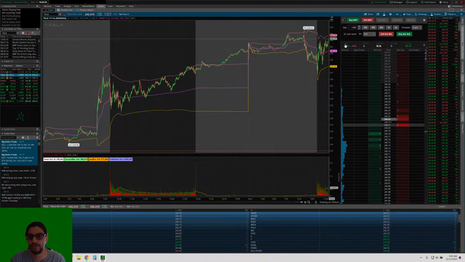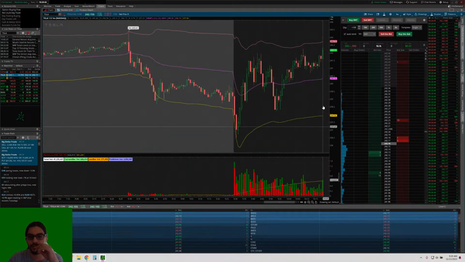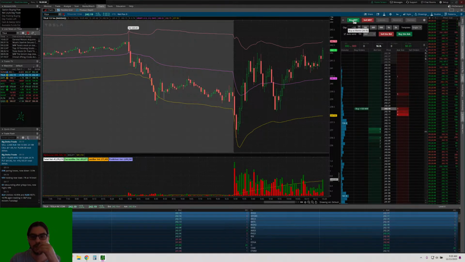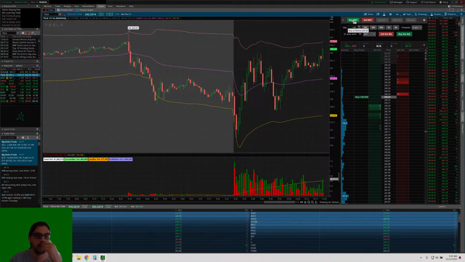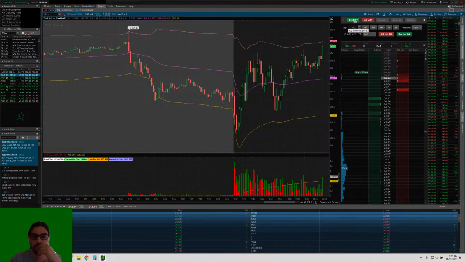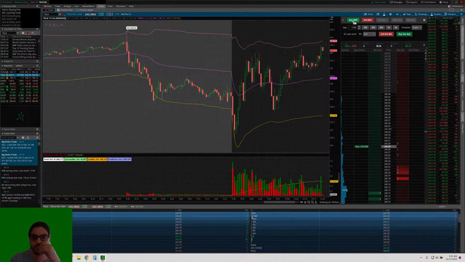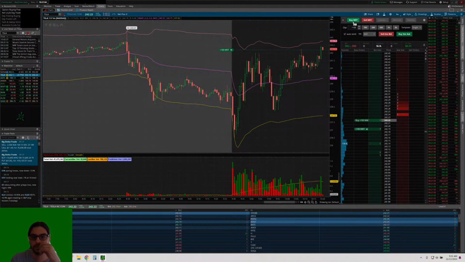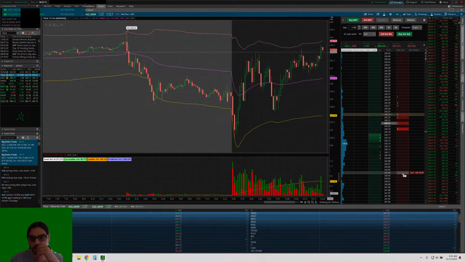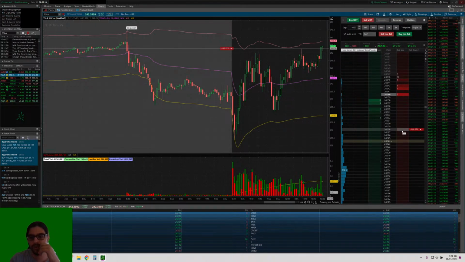Tesla just broke the top there. Putting in insurance.